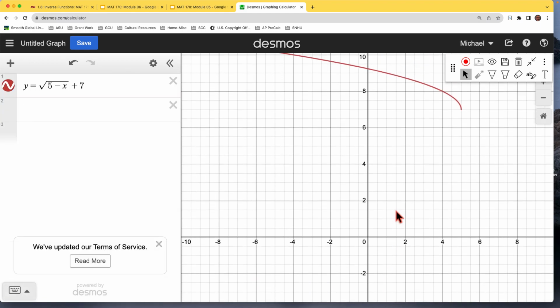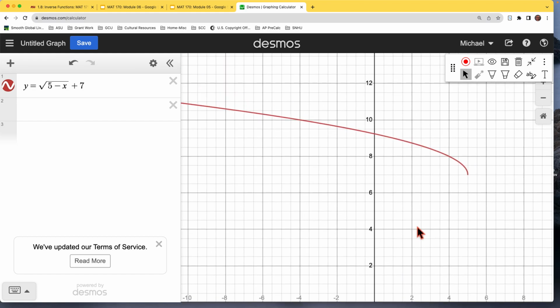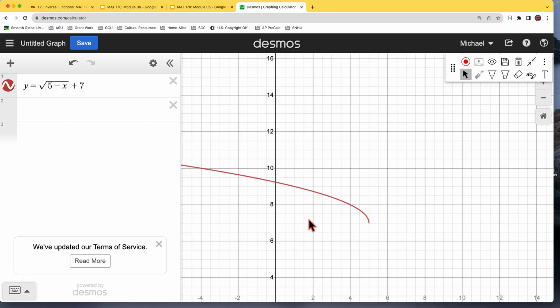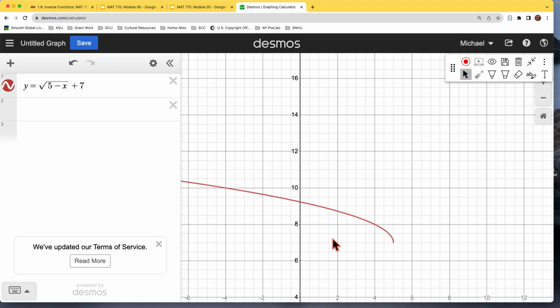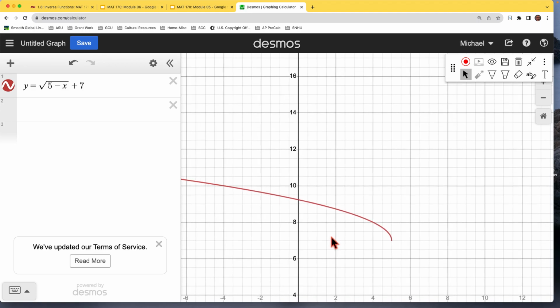And I don't see anything because it moved up here. But what I can see is the range is going to go from 7 to infinity. The y values are going up to positive infinity, so it's going from positive 7 to infinity. That's its range.